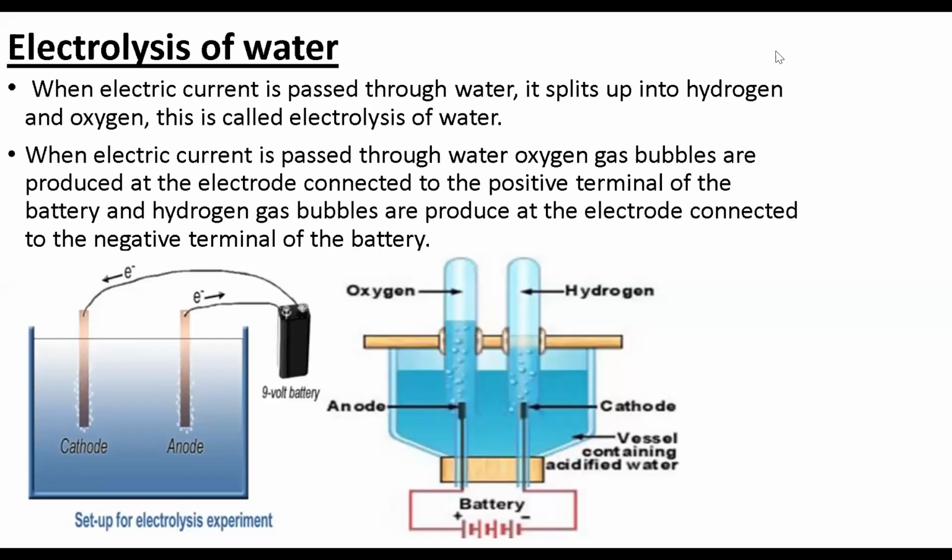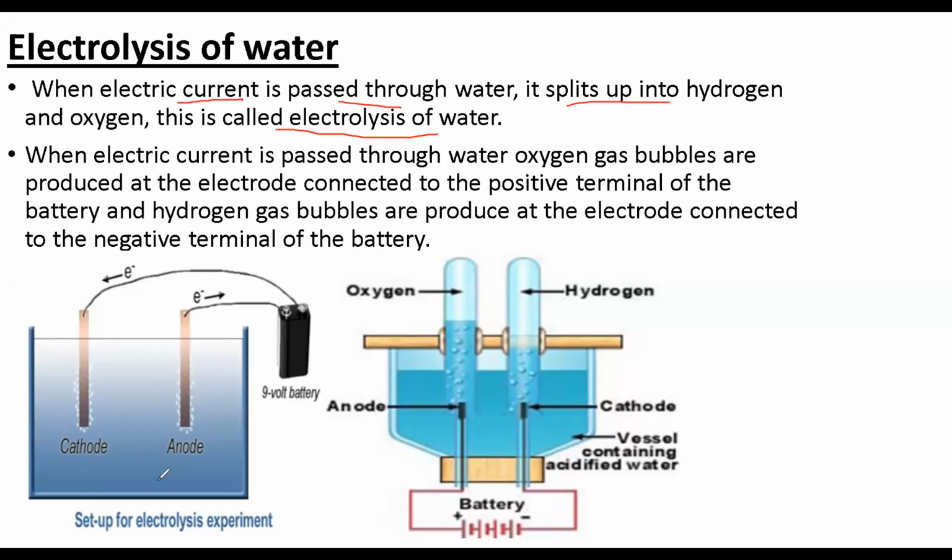It is given that when electric current is passed through water, it splits into hydrogen and oxygen, and this is known as electrolysis of water. So the definition is very easy. Now let us understand why each gas is collected on which electrode.